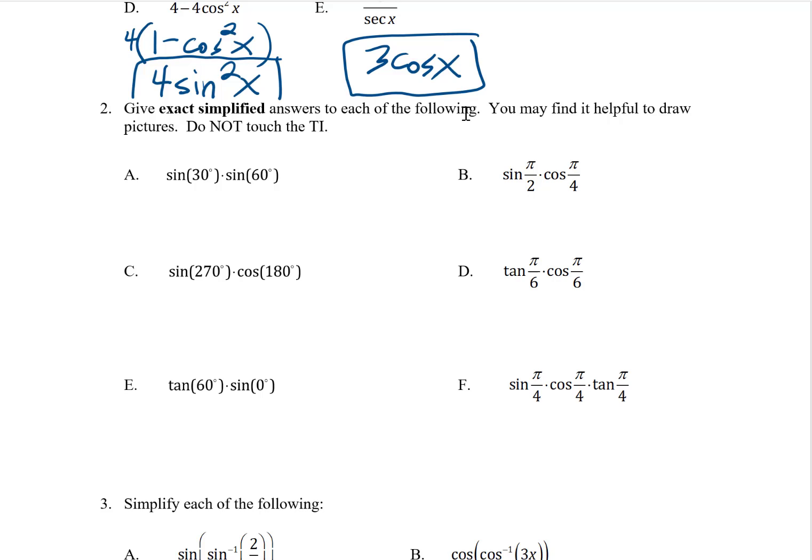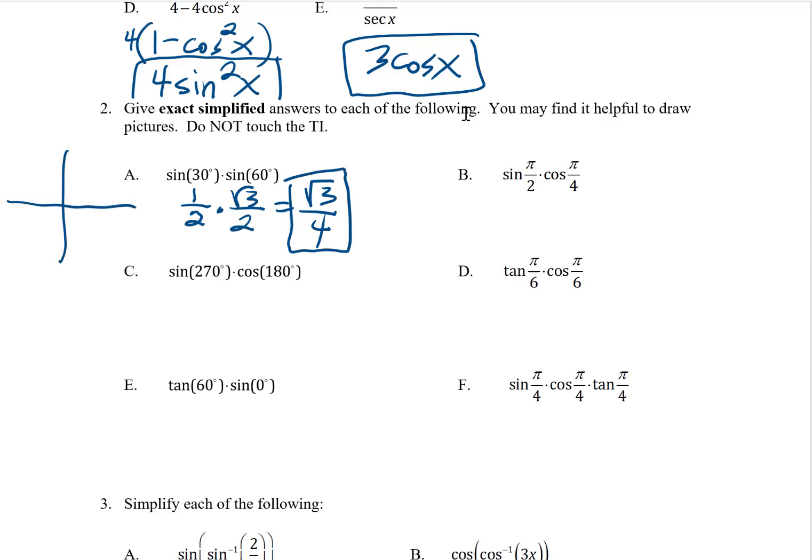The first one, maybe you've done this enough to just know by now that sine of 30 degrees is 1/2 and sine of 60 degrees is root 3 over 2. Those come up a lot, which means the final answer here is square root of 3 over 4 when I multiply across. Obviously, if needed, you could always draw the quick picture. We've done it many times.